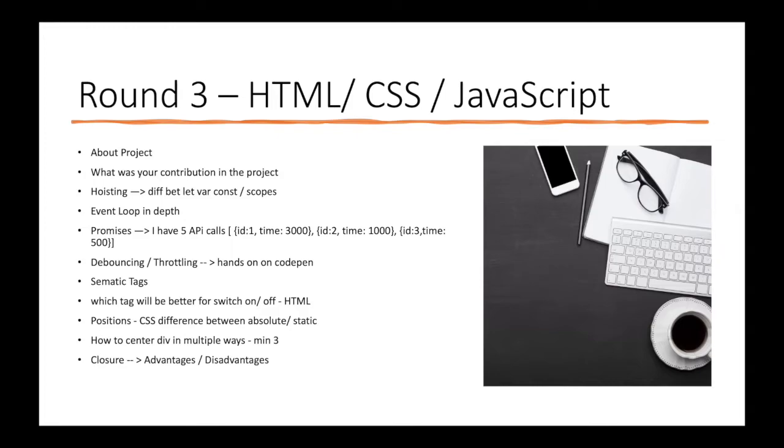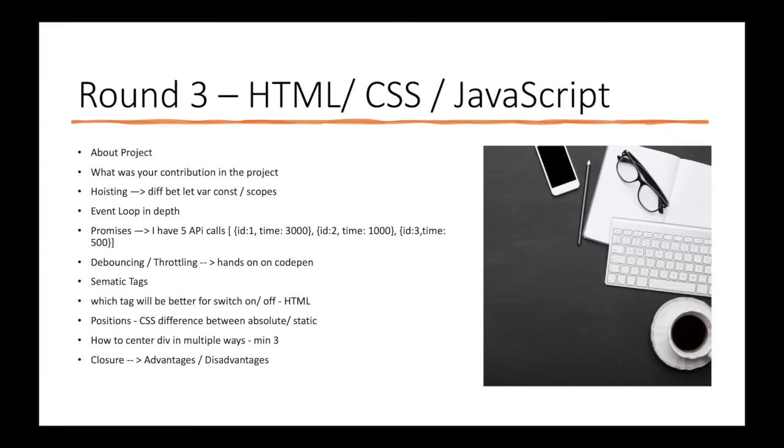Similar questions on HTML, I don't remember all of them. For CSS as well, what are the different types of position, what are the differences between them, absolute, static, then z-index. What will happen if I use the z-index for the absolute?